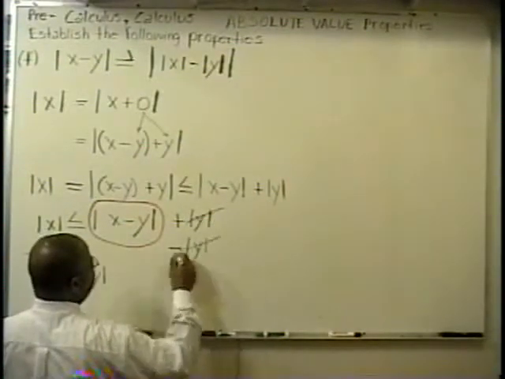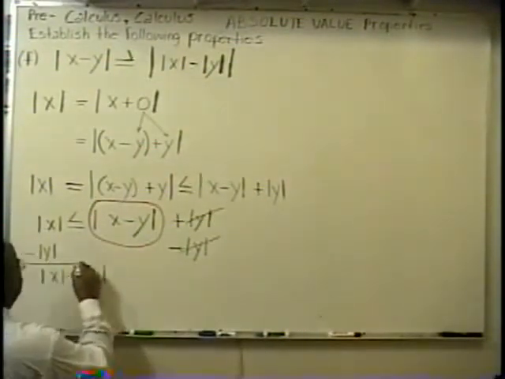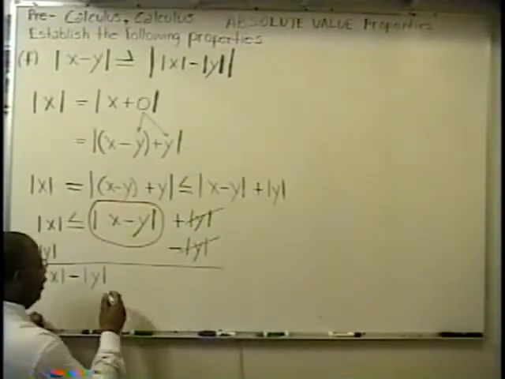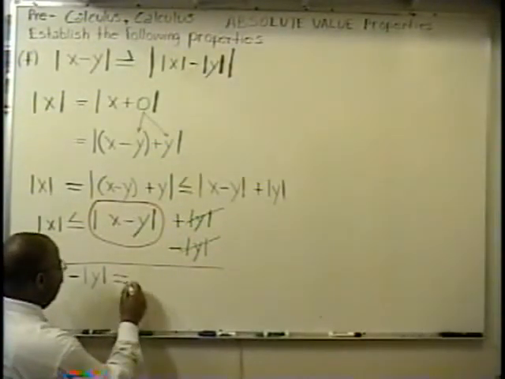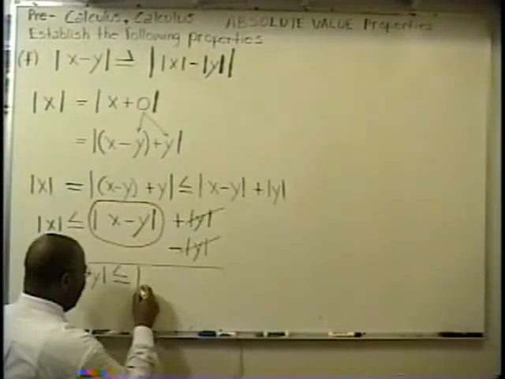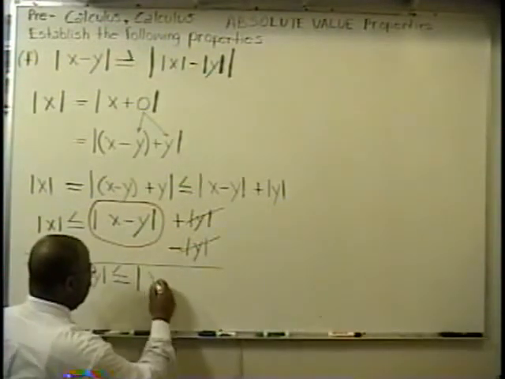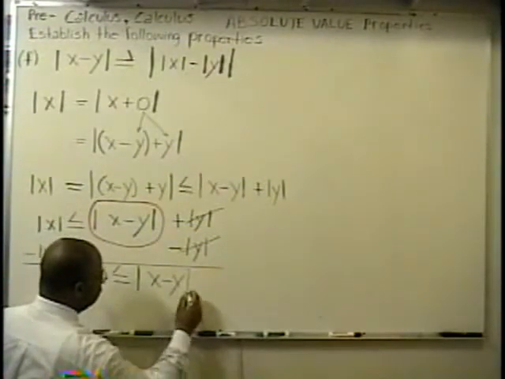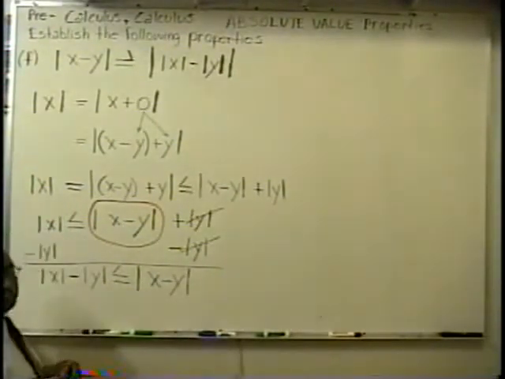This goes, because they cancel, additive inverses, that's 0. And now this is less than or equal to the absolute value of x minus y. So that's our first part.